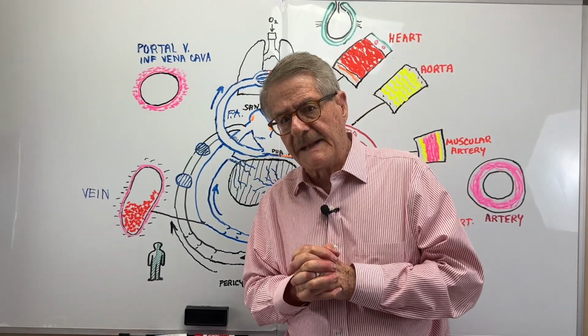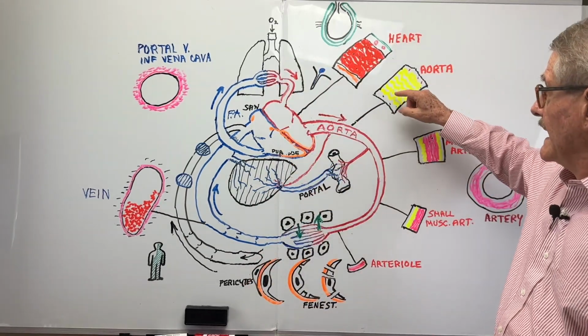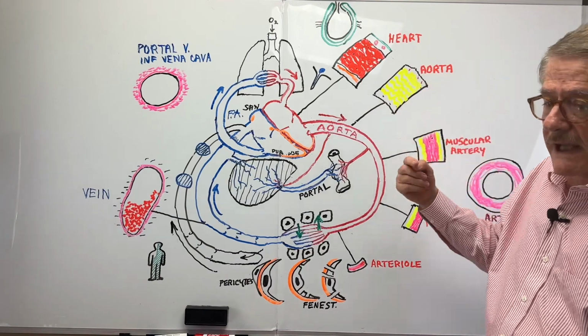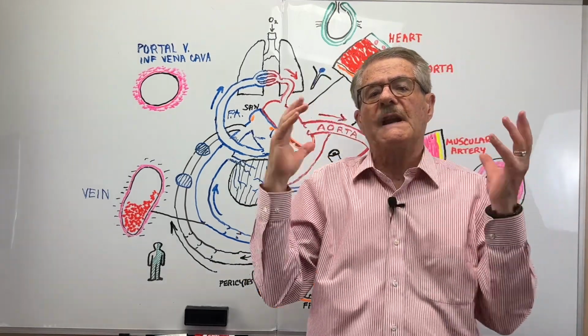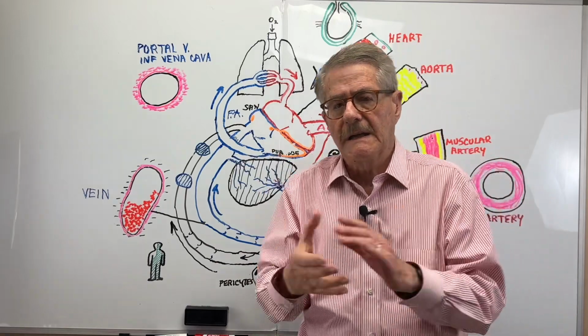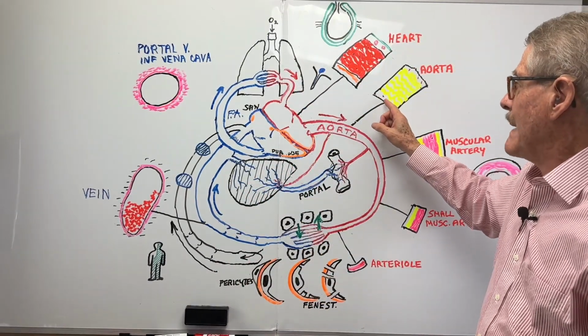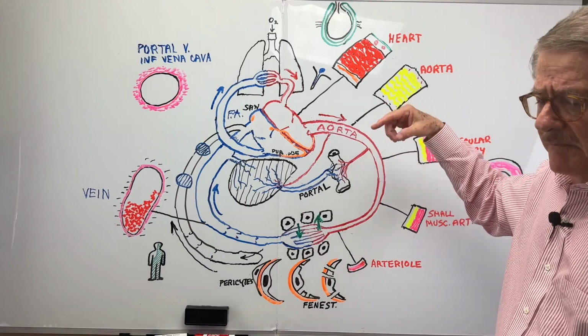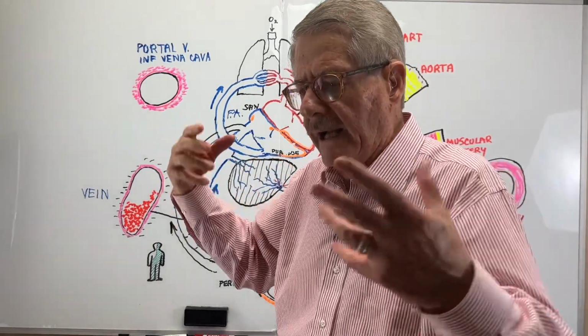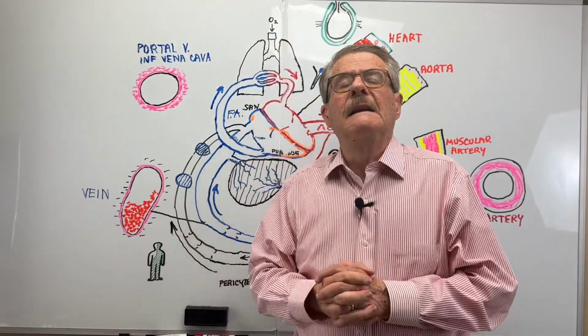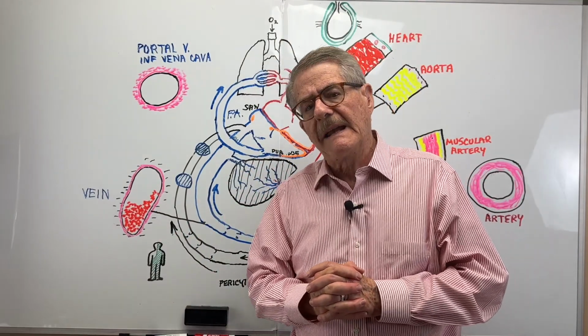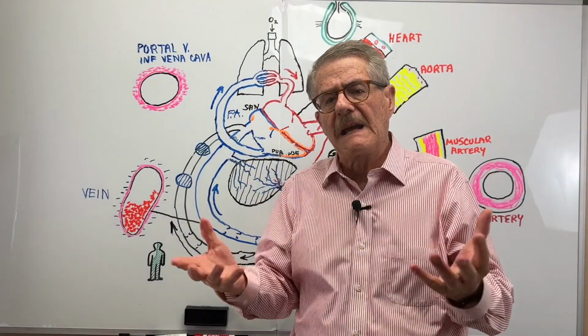It is an elastic vessel, and I actually use the yellow to show the elastic fibers that are concentric around the vessel. We have an intima and some myointimal cells that may acquire lipid and lead you to atherosclerosis later in life, and also calcification.